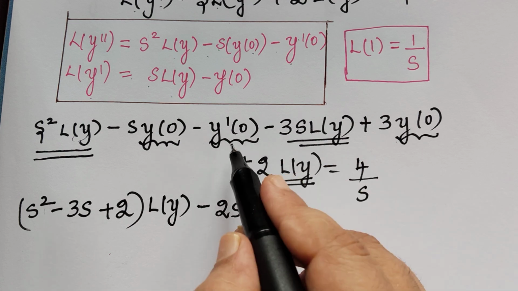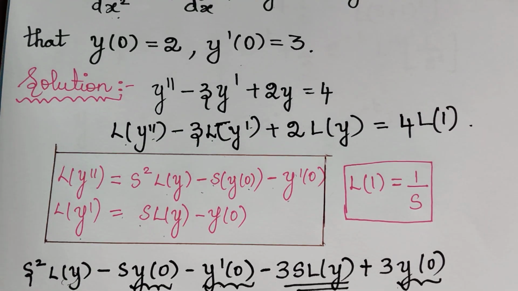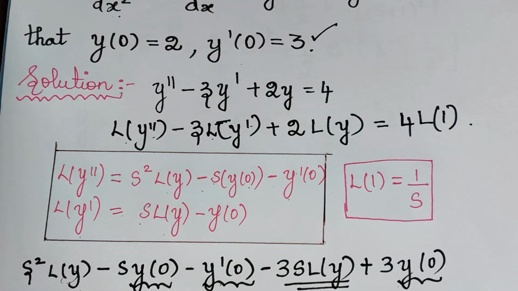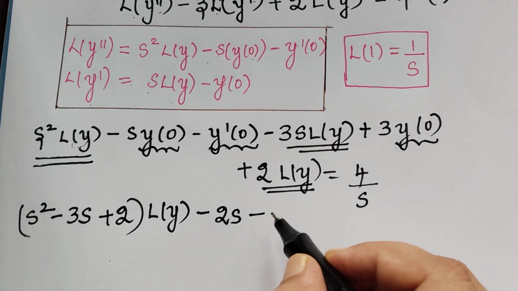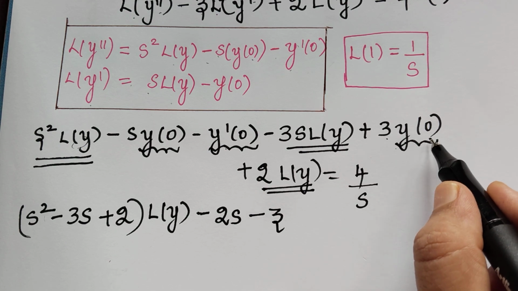And then we have the term minus y dash of 0. What is y dash of 0? It is given as 3. So when we substitute that, we get minus 3. And then here we have 3 multiplied with y of 0.